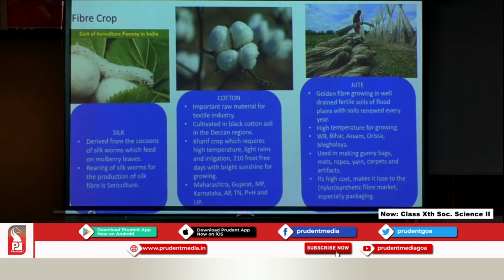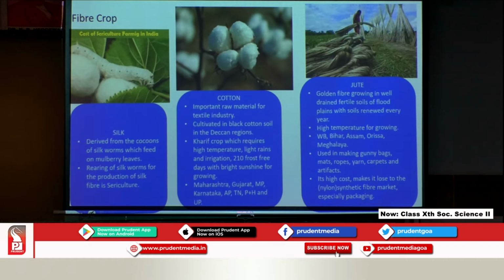So it will require rains in the initial period, but towards the end when it needs to be harvested, it requires bright sunshine. It is grown in Maharashtra and Gujarat, Madhya Pradesh, Karnataka, Andhra Pradesh, Tamil Nadu, Punjab, Haryana and Uttar Pradesh.